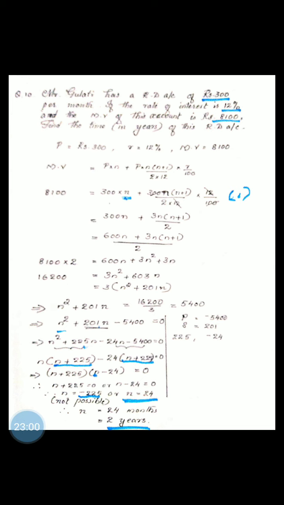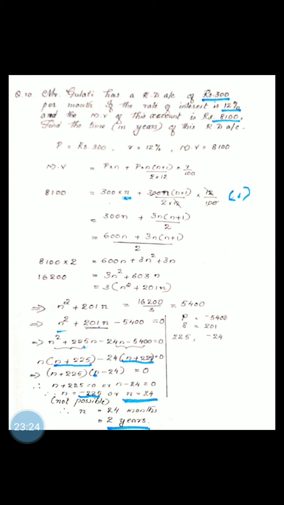Now, simplify the right side. You will get 300 into n into 2, which is 600n. So, you will get 600n plus 3n into n plus 1, by 2. Now, transpose that 2 to the left side and open that bracket on the right side.